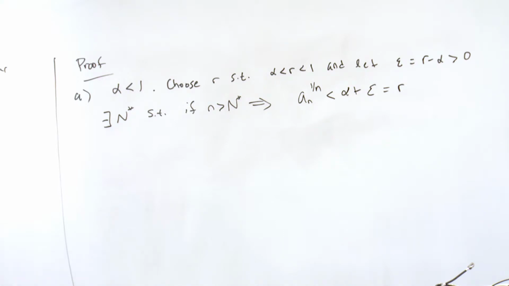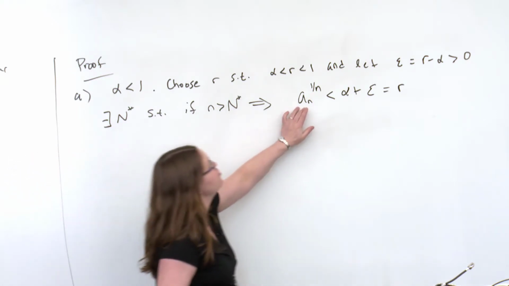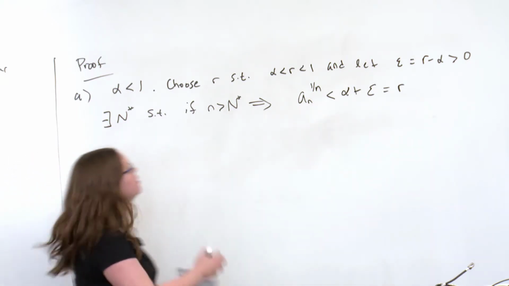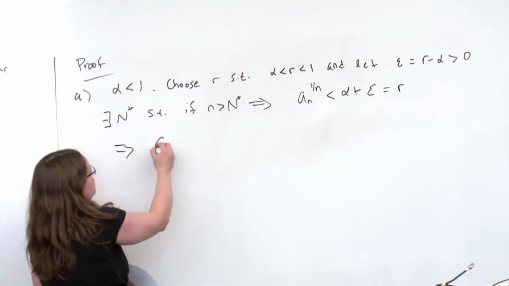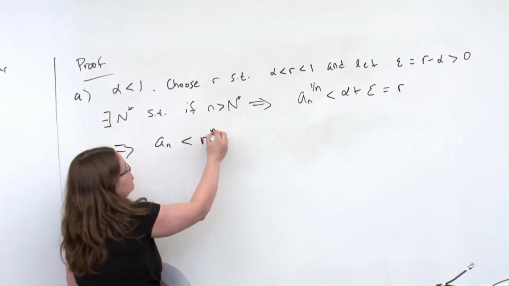And then we're doing exactly what I did when I motivated the test. The nth root of this is less than r. Then if I take things to the nth power, this is going to be less than r to the n.